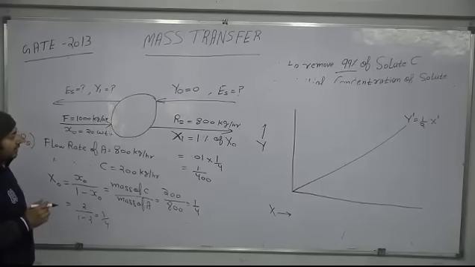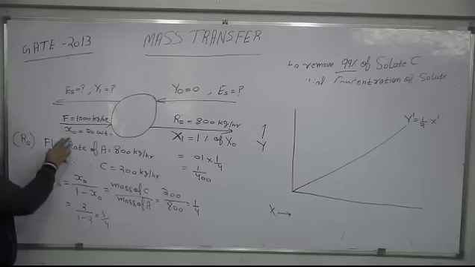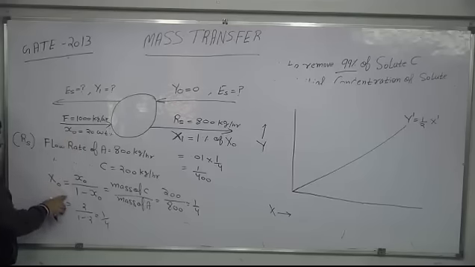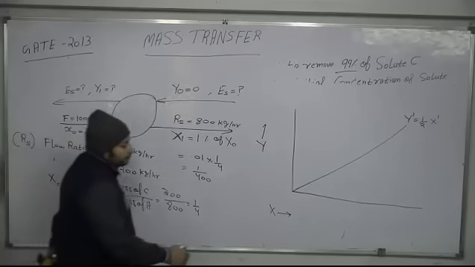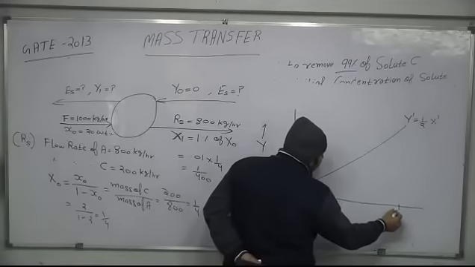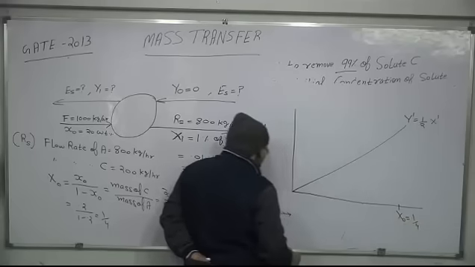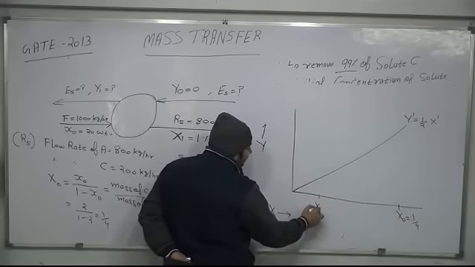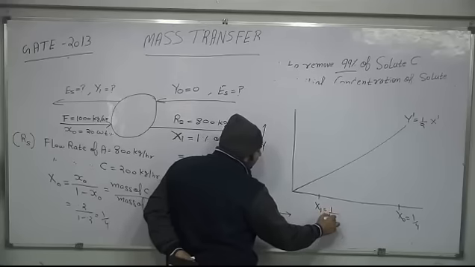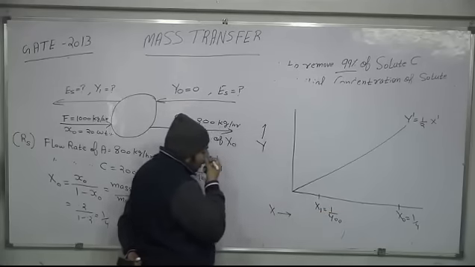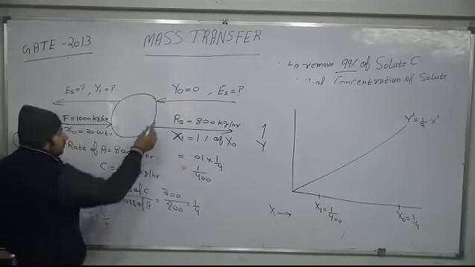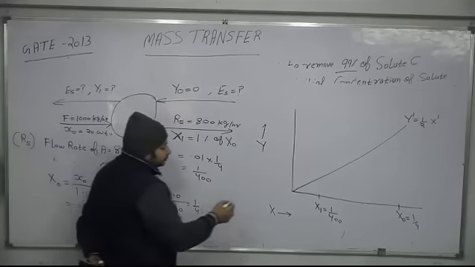And for the operating line, the known points are X naught, 1 by 4, and X1, 1 by 400, and then Y naught. Y naught we know is 0.